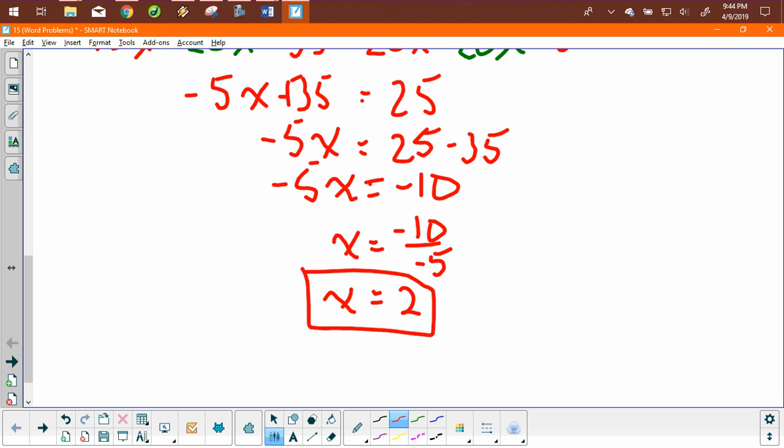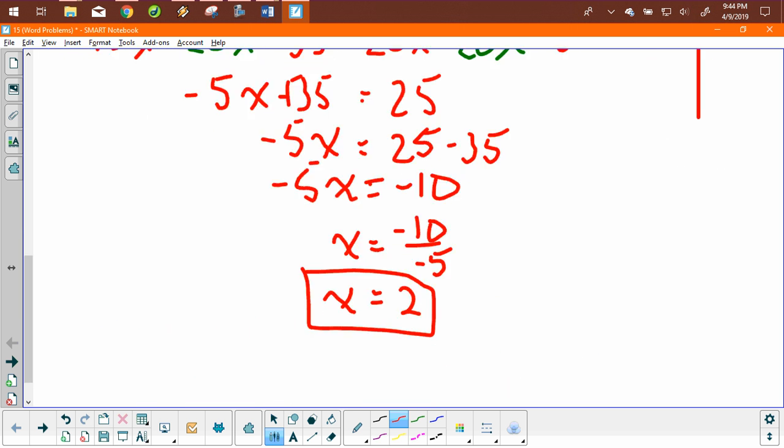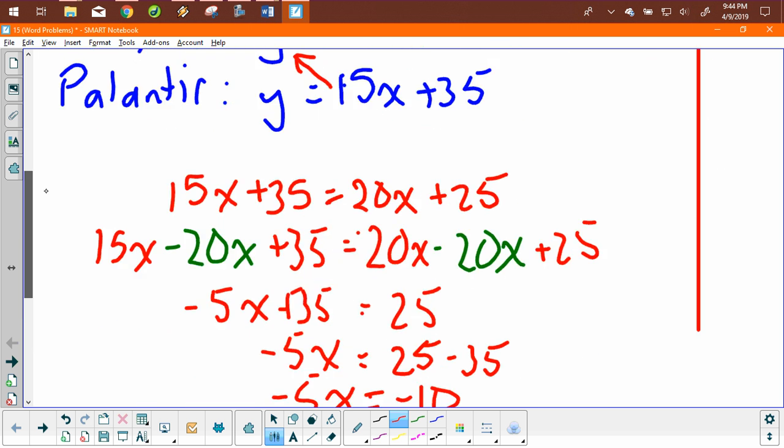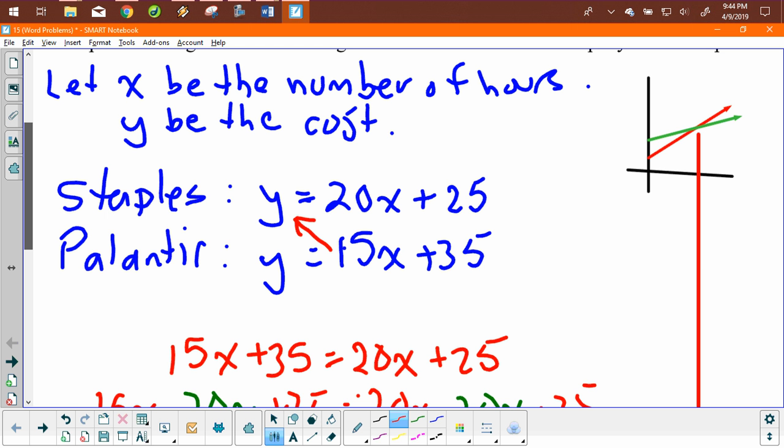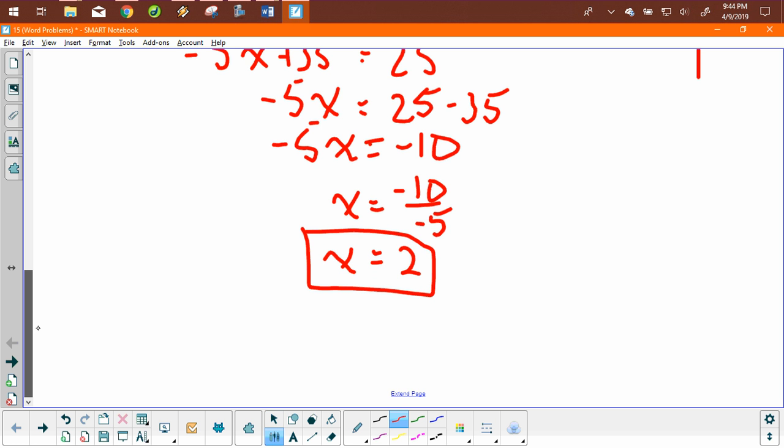Okay. Now the question was asking about time, right? So after 2 hours, so we go back up here, right? We know that Palantir Computers, whoops, sorry. Okay, Palantir Computers was the one with the higher initial cost but the lower rate of change.